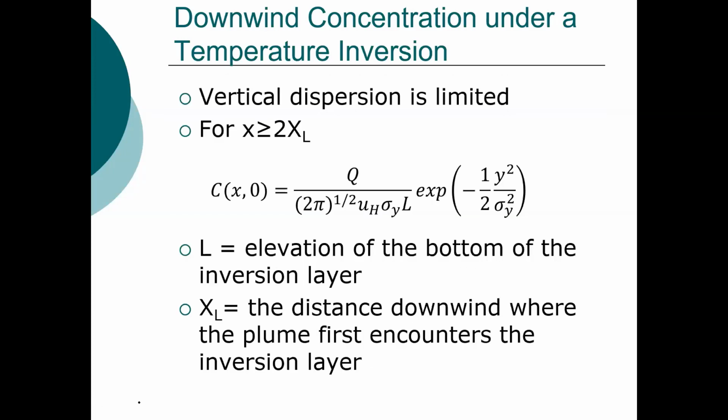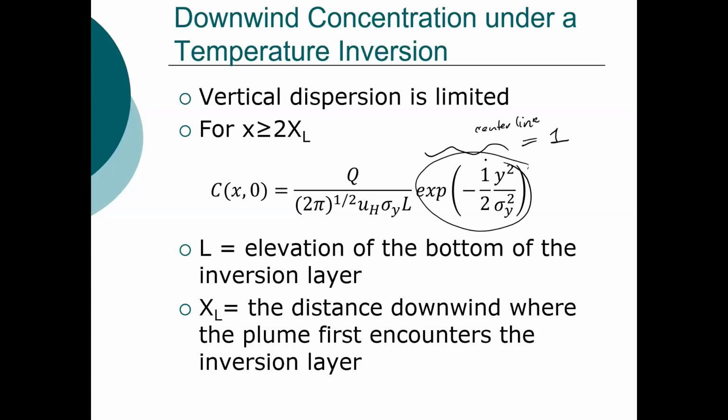For x greater than or equal to 2 times this x sub L, we can use this equation here. If we are at the center line, then this term here equals 1, because Y is equal to 0, and this term here becomes 1.